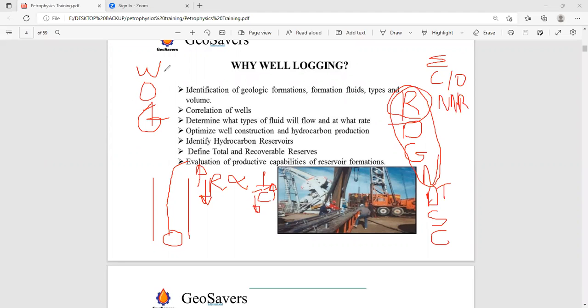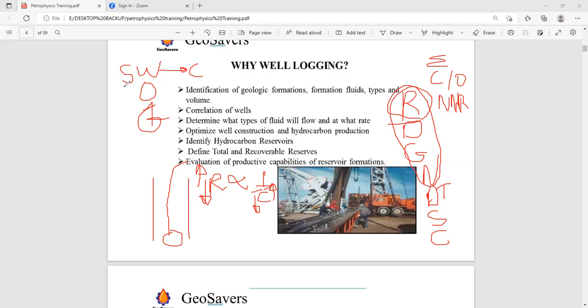All right. So water has a very high conductivity. That means it conducts electricity well. So if we have a formation that contains mostly saline water, that means it has a lot of salt in it, and this salt definitely has ions.